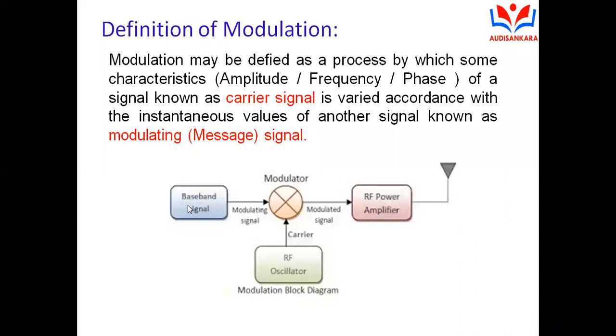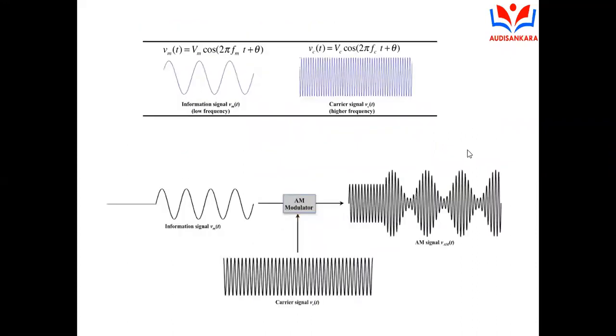For the modulator, the baseband signal is given like this, and the carrier signal is given like this. This is a low frequency signal, this is a high frequency signal. Then it will generate the modulated signal, that is the output signal. Then by using the RF power amplifier, the signal will be amplified to the required level. Then it will be transmitted by using a transmitting antenna.